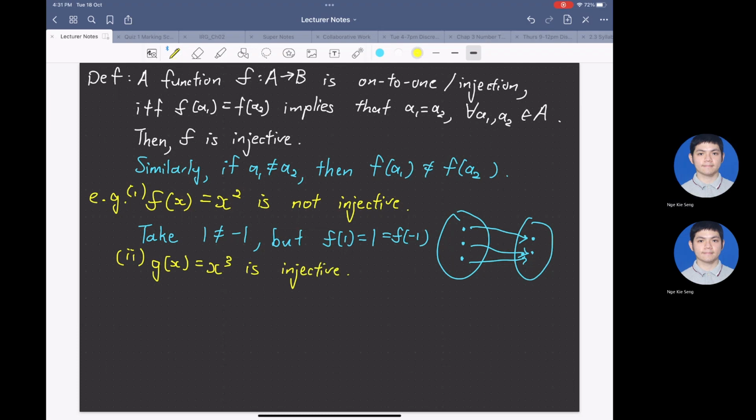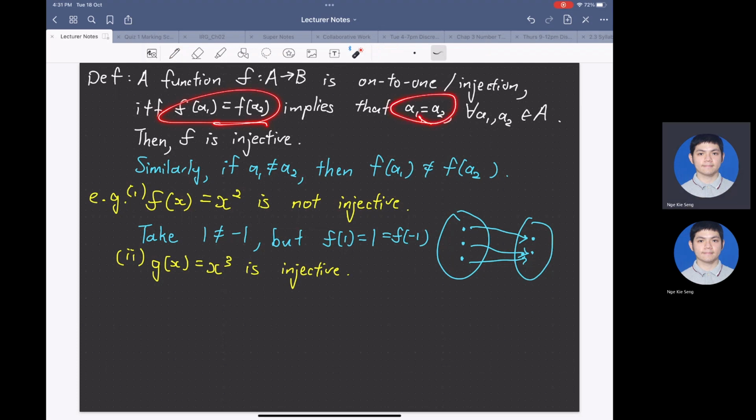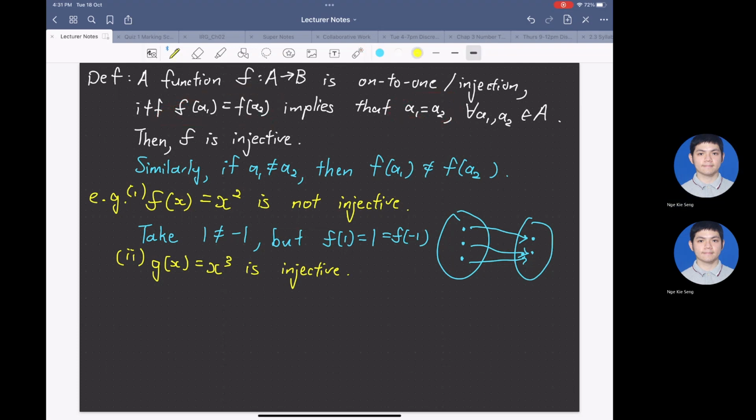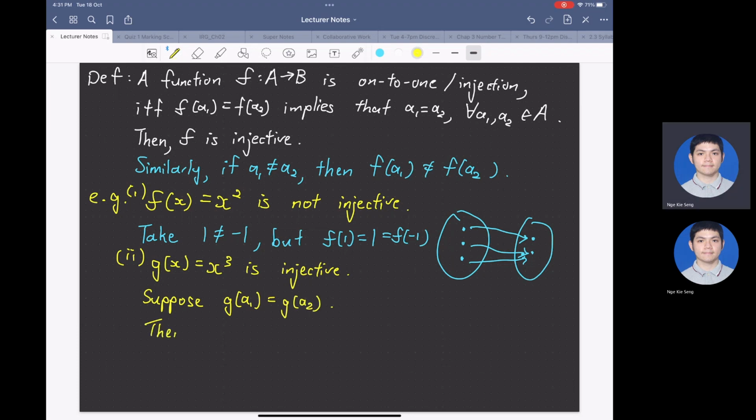Yeah. Right. So you need to start from here and then prove here, right? So suppose g(a1) equals g(a2), right? Then a1 cube equals a2 cube. Okay. So how to show a1 equals a2?